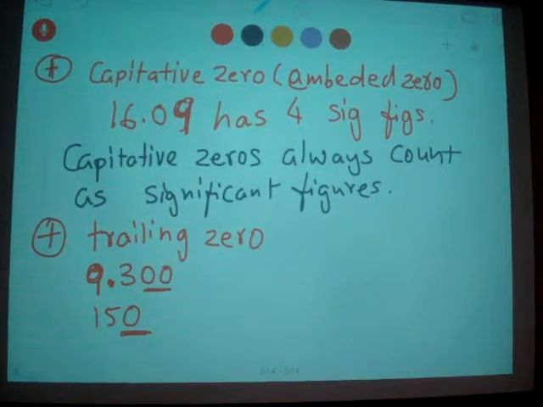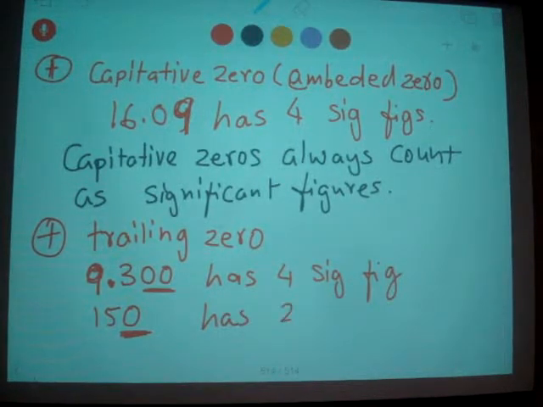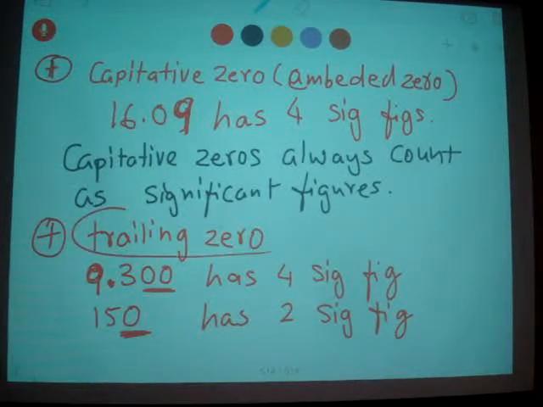So this number has 4 sig figs, and this number has 2 sig figs. So we need to follow two kinds of rules for trailing zeros.